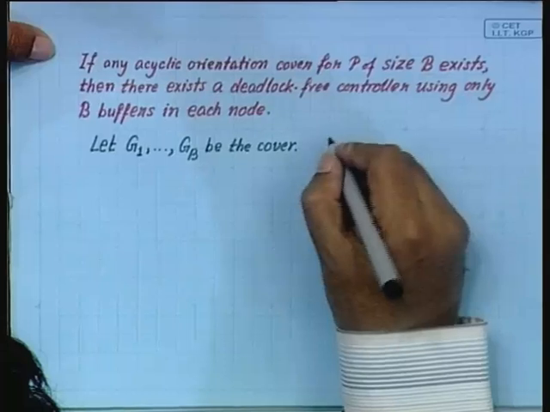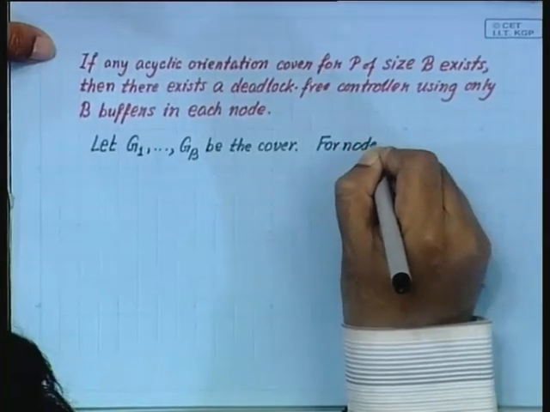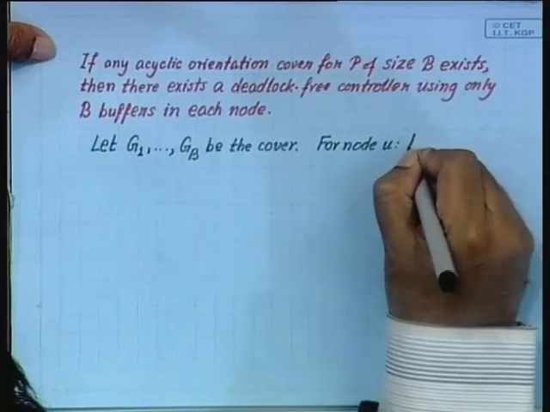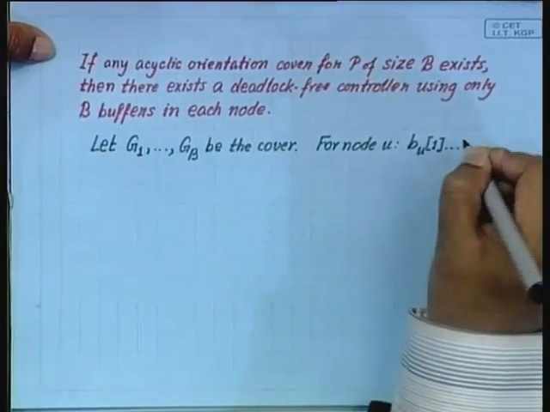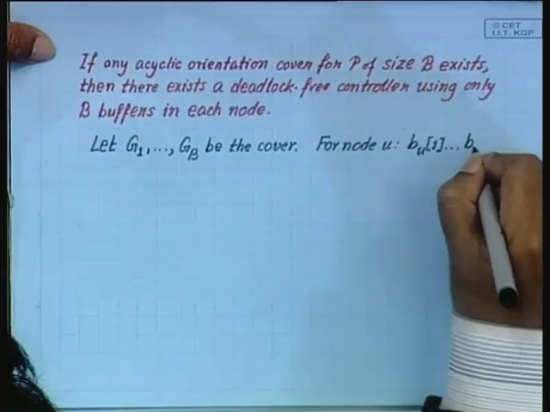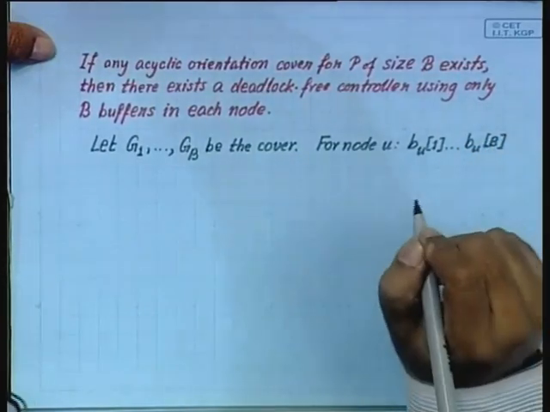And for node U, the buffers are b_U^1 through b_U^B. Okay.